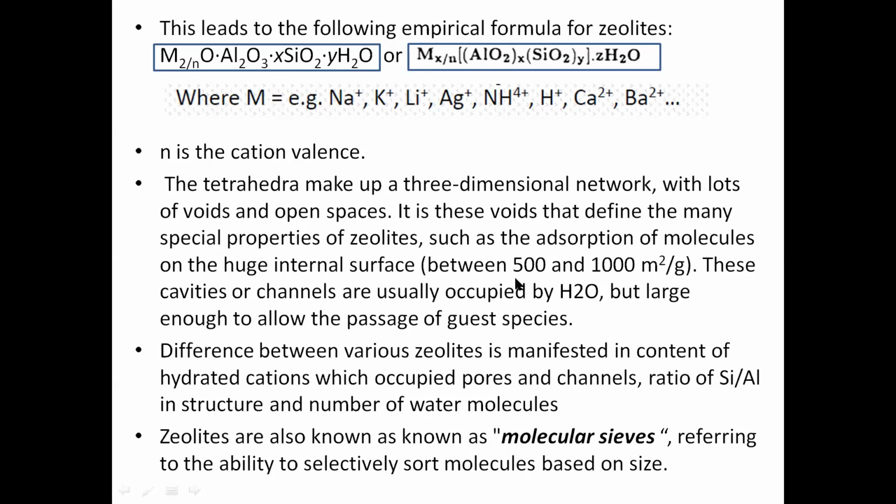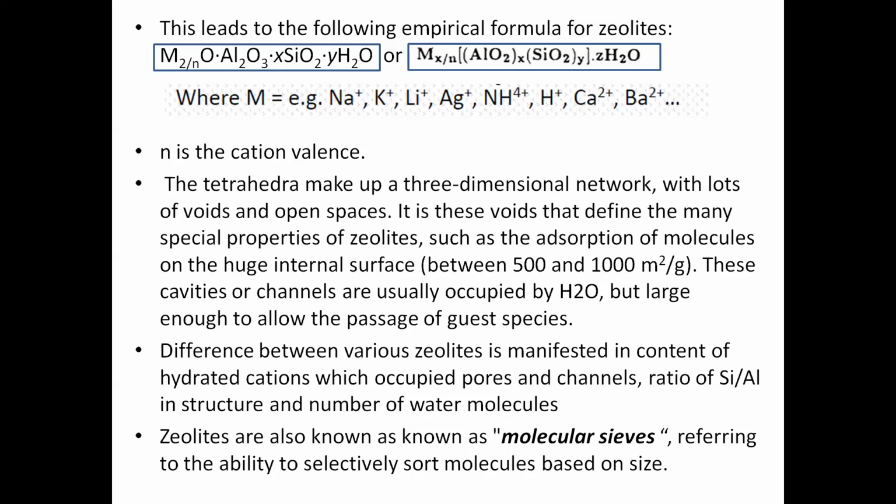Now this you already know, but what you do not know is how much the surface area is. Because of these voids, the numbers are something like 500 to 1000 square meters per gram. 1000 square meters, you can imagine, is something like a basketball court.